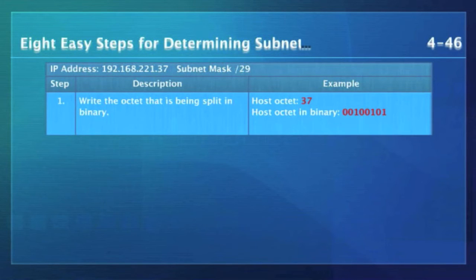All right, you remember your conversion chart? That's going to be in front of you on your scratch paper.